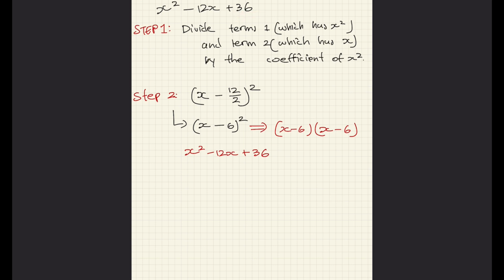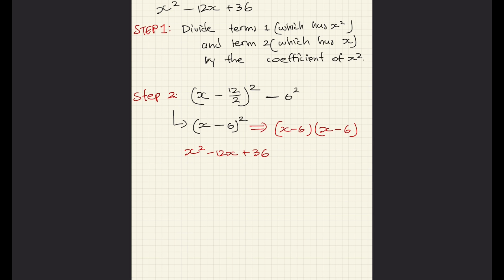So let's just ignore that for a second, and let's just have a look at these first two terms. For x minus 6 squared to be equal to x squared minus 12x, which is how we created this, we need to minus this final term squared. So minus 6 squared.